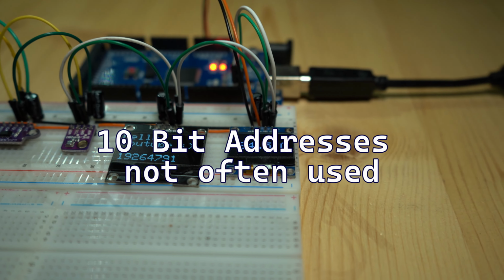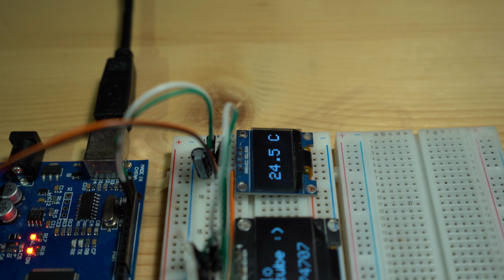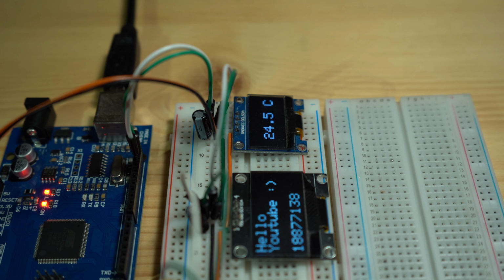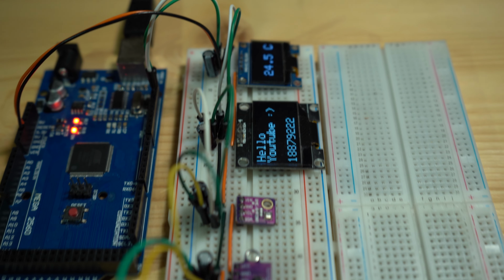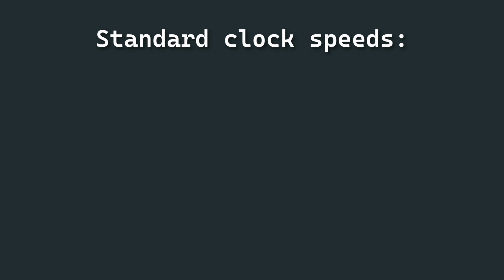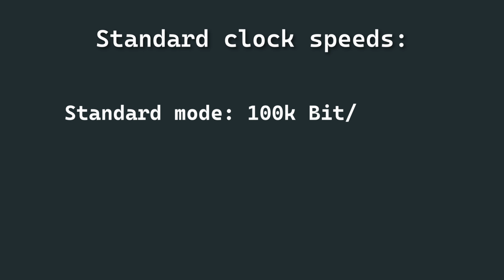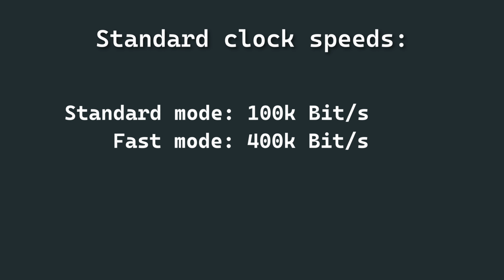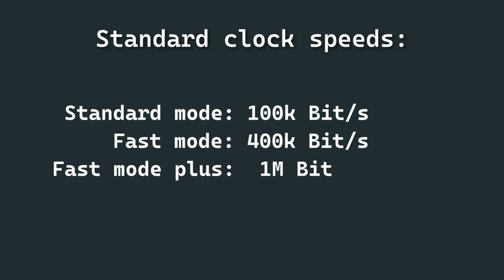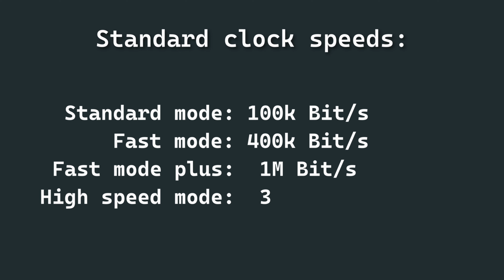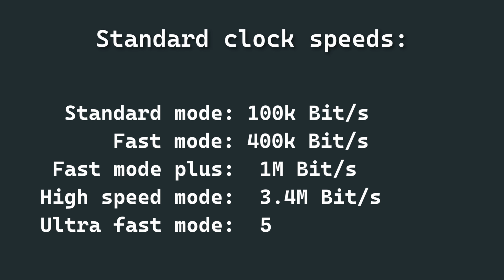I2C also defines several standardized clock speeds, which determine how fast data is transferred over that bus. Standard mode is 100 kilobit per second, fast mode is 400 kilobit per second, fast mode plus is a whopping 1 megabit per second, high speed mode is 3.4 megabit per second, and ultra fast mode is 5 megabit per second.